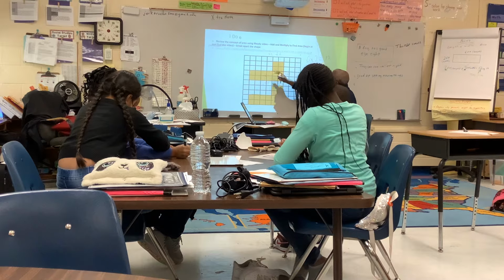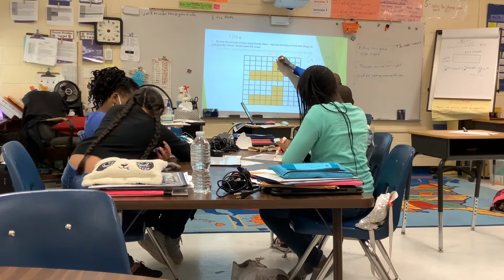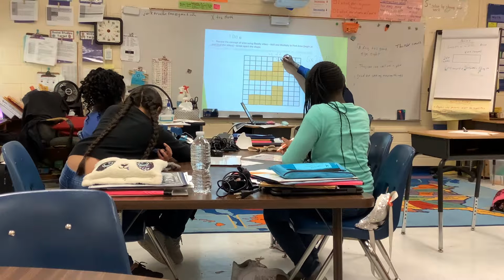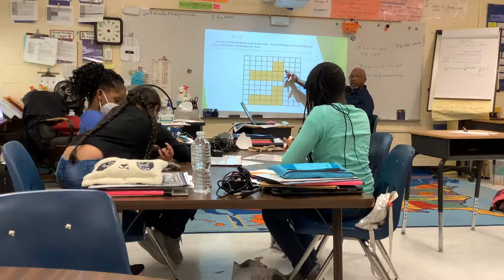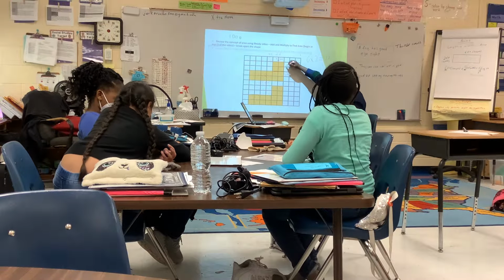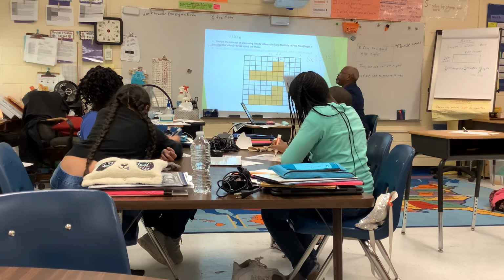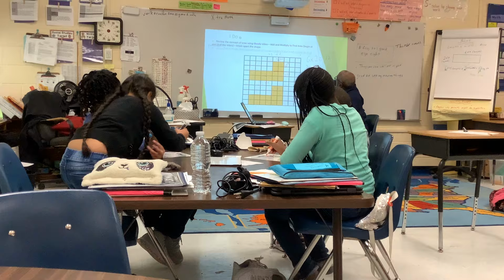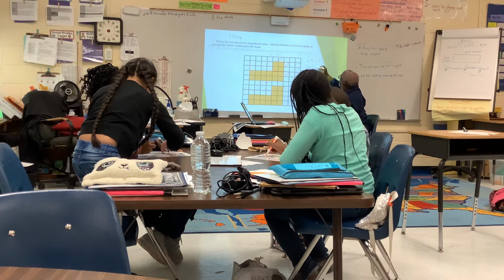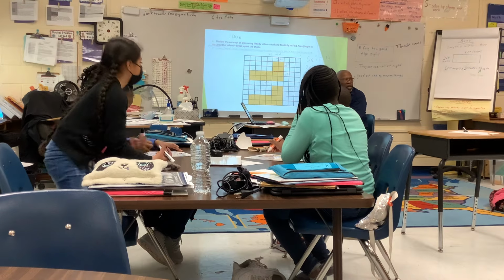So I look here, I measure length, 1, 2, and I'm writing my unit, this is feet, and the width is 2 feet. So I have 2 times 2 equals, stop, what happens when I do?